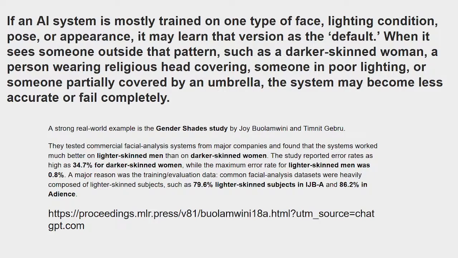The major reason for this was the training data. It was comprised of a lot of lighter skinned subjects, so that introduced bias into the system. It might not have been intentional, and the people providing the data might not necessarily have been thinking, oh, I want to exclude a certain group.